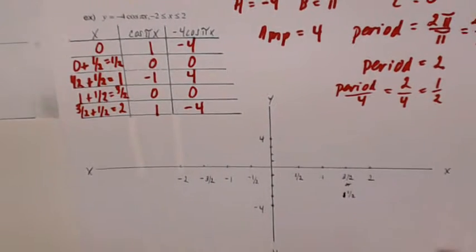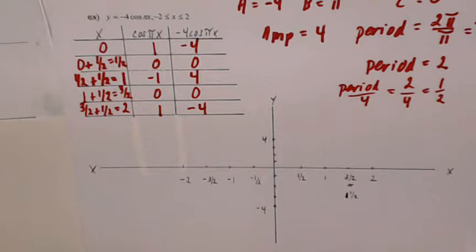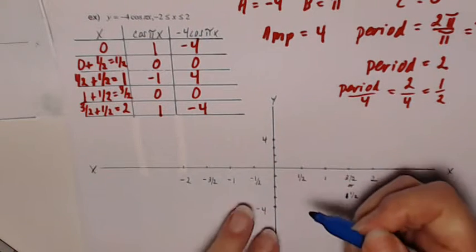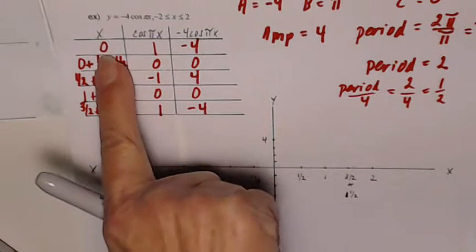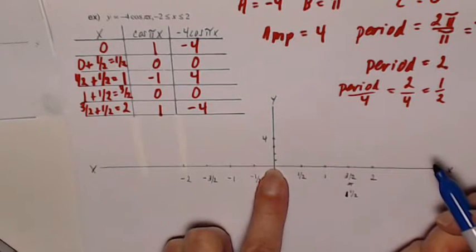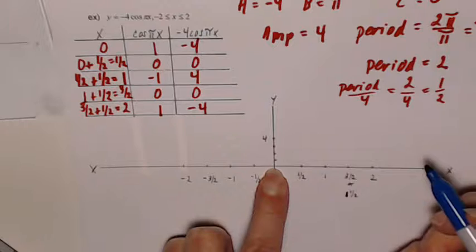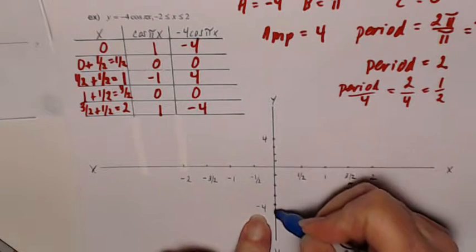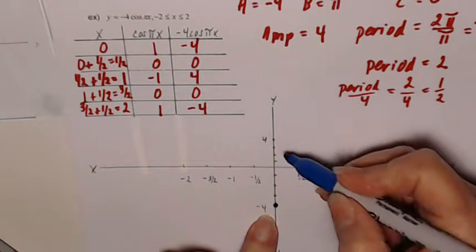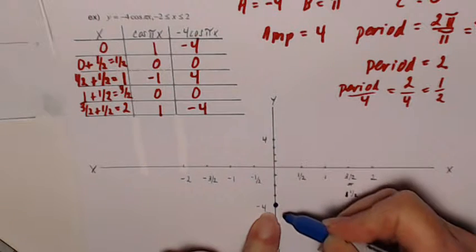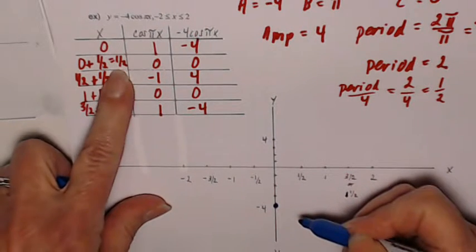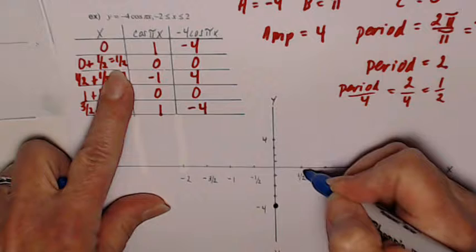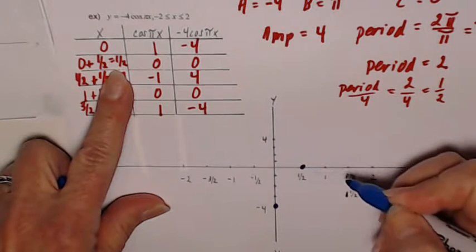Let me switch colors. We have x is 0. So here is our 0 angle, and our cosine is -4. So we are down here. Contrary to normally starting up here, we have a reflection. Now, when x is 1/2, we have an intercept here of 0.